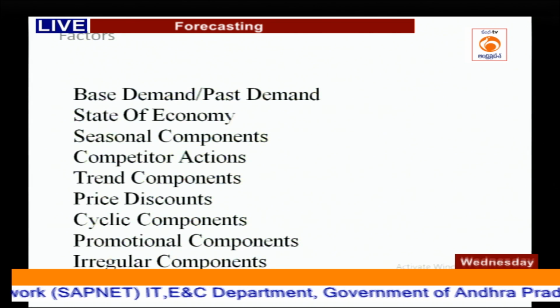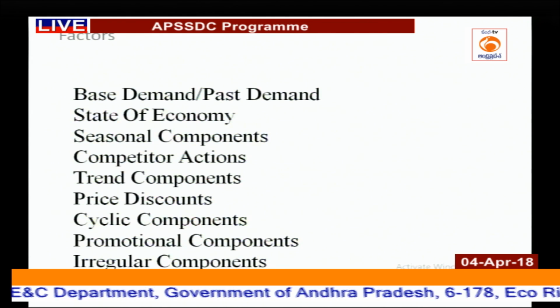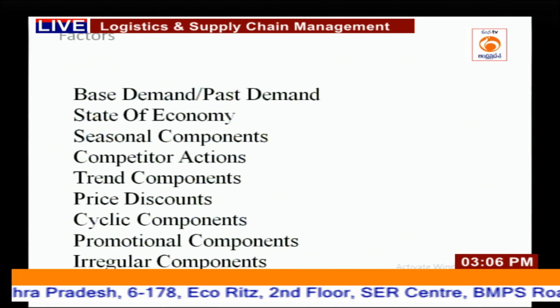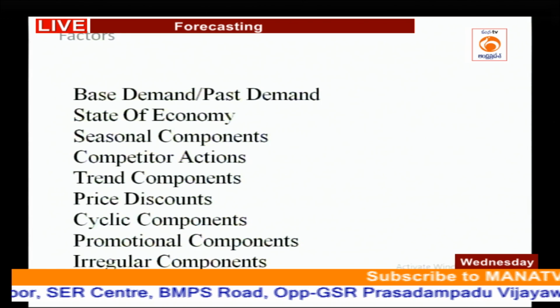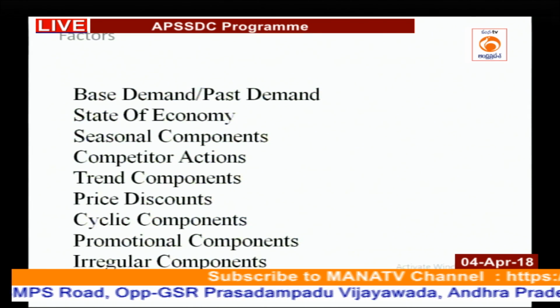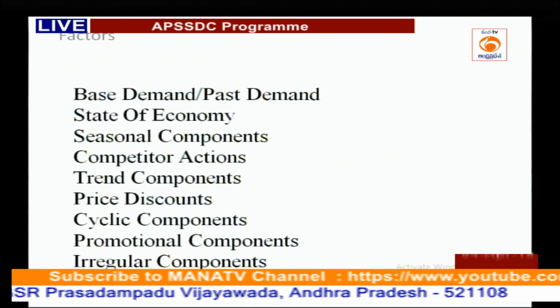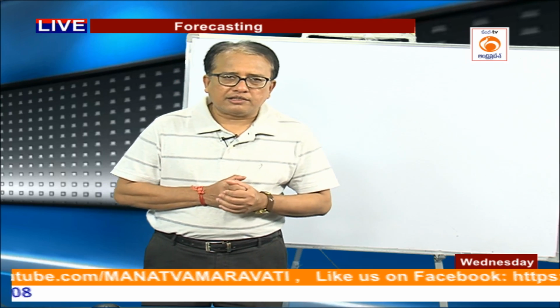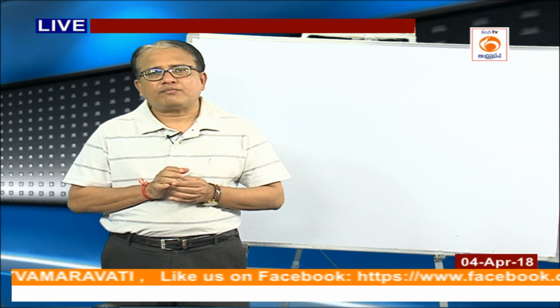State of the economy, very important. State of the economy definitely decides the consumption power of the customers. There are seasonal components. There are certain products where demand goes up at a particular season and the demand goes down in the other season.